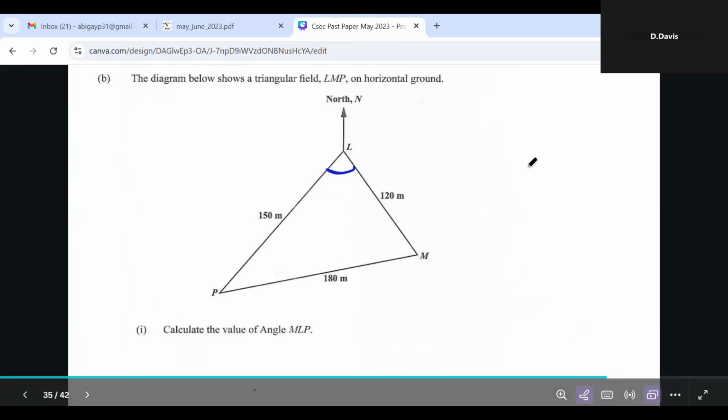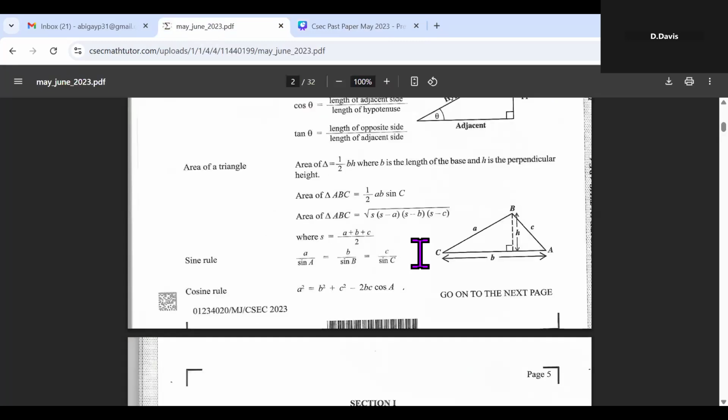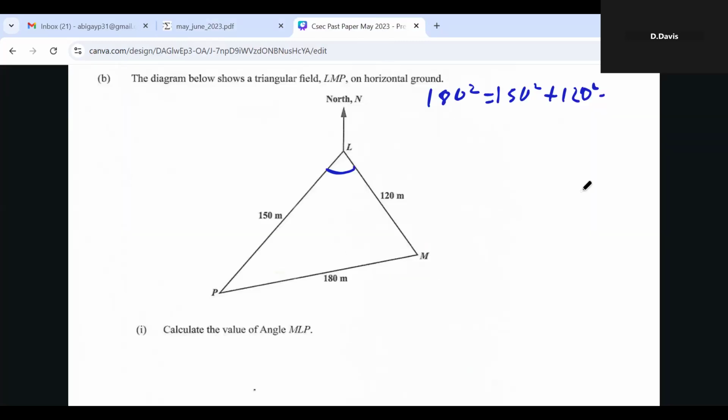So 180 square equal 150 square plus 120 square minus, what is it? Minus 2bc, 2 times 150 times 120.